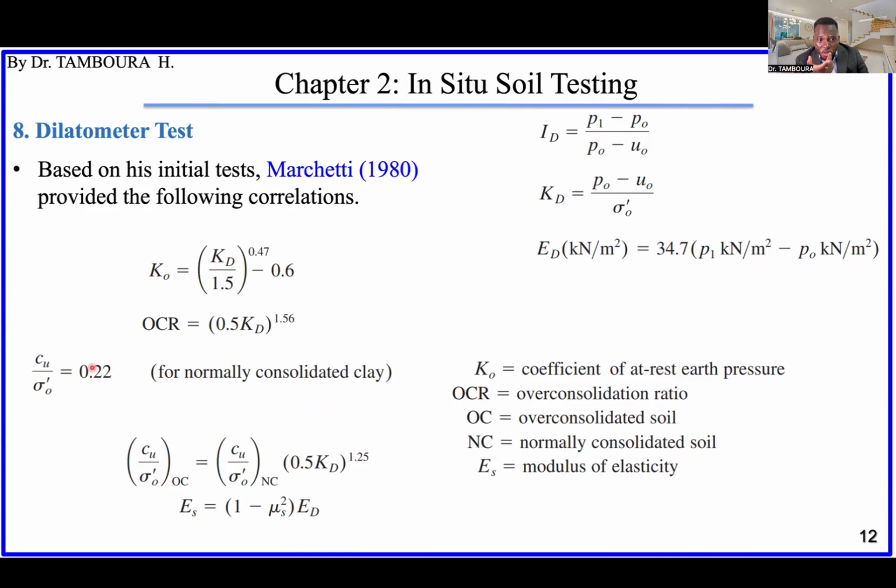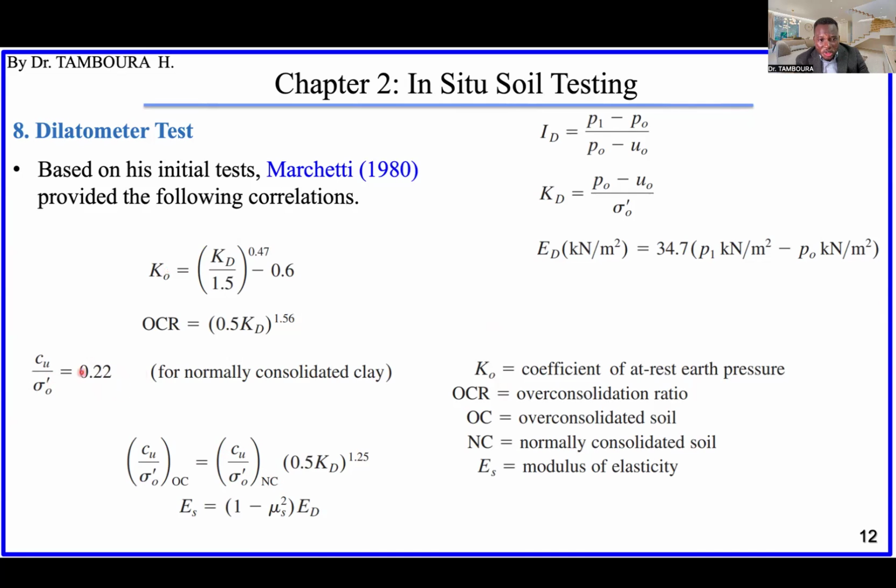And for a normally consolidated clay, this ratio, the undrained shear strength divided by the effective vertical stress, is 0.22. But anyway, you can see here, this ratio is right here again for normally consolidated clay.